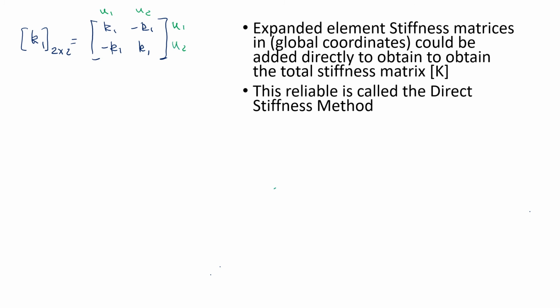For the second element stiffness matrix, K2, the 2 by 2, we had this K2, minus K2, minus K2 and a K2. And I'm going to show the corresponding degrees of freedom, U2, U3, U2, and U3.